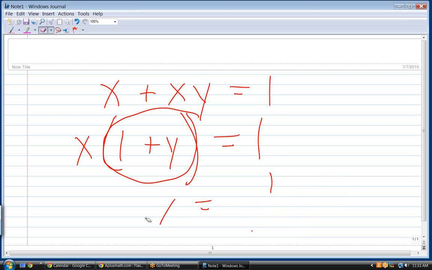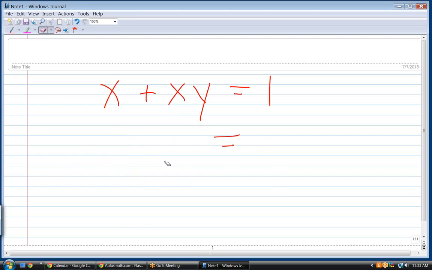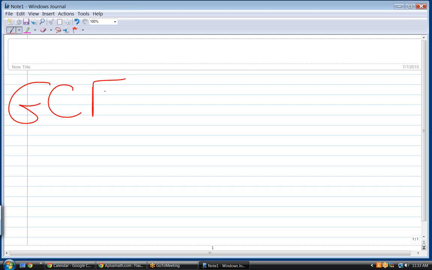Now, there's three main ingredients to factoring. One is the first one you look for, a greatest common factor. If I give you these two numbers, what's the greatest common factor?